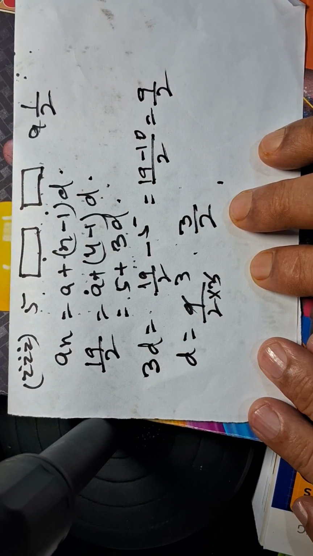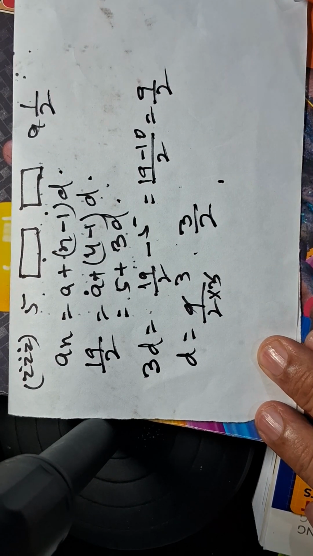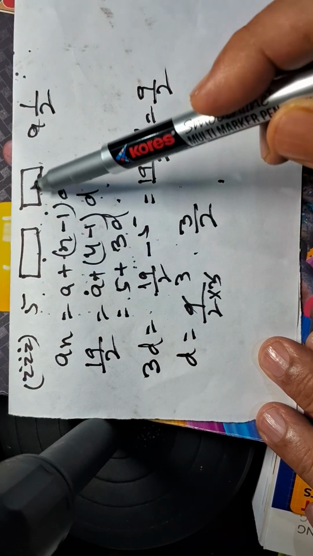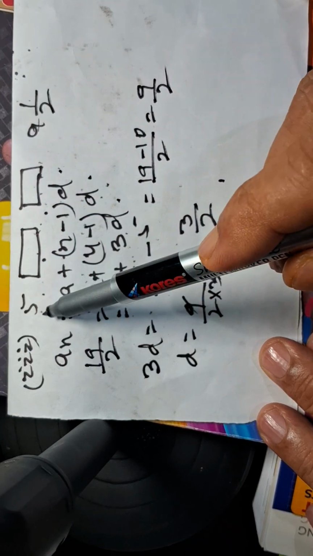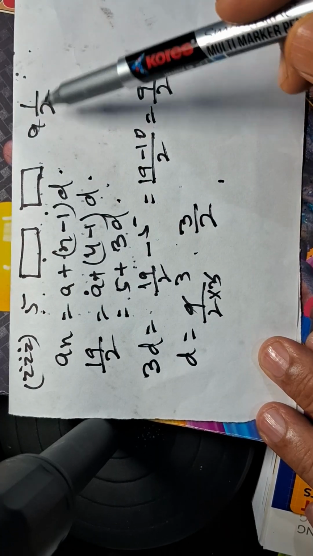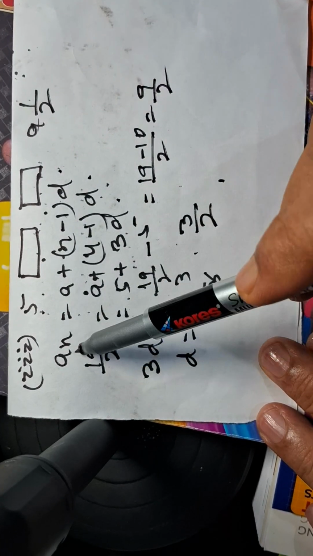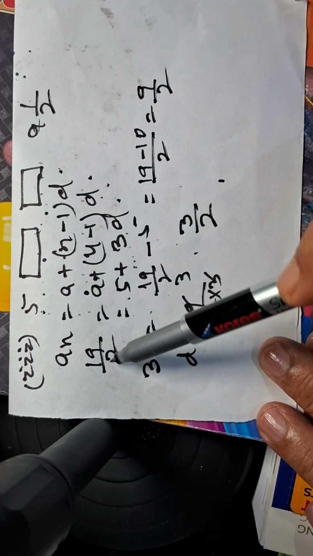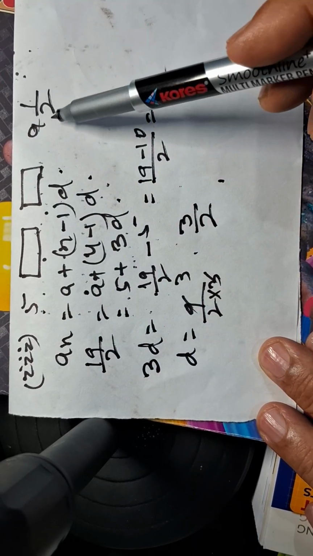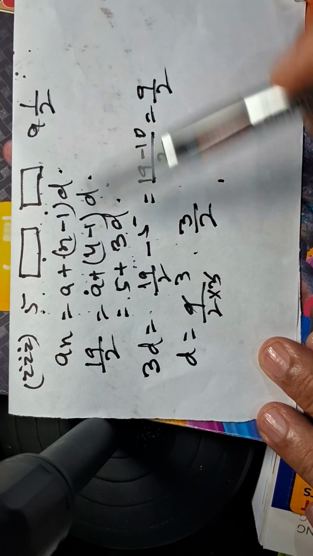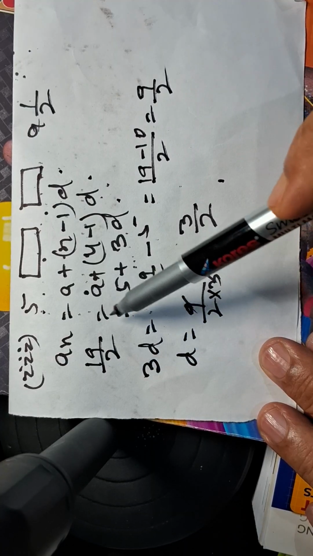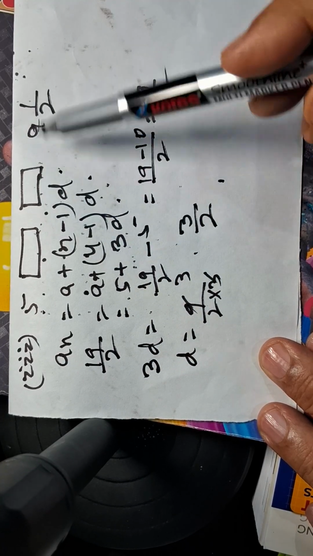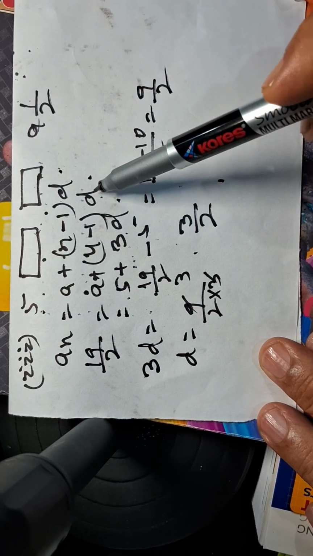Now the third question is: 5, blocks, 2 terms are missing. First term is given and fourth term is given. We know that an is equal to a plus (n minus 1) into d. an is equal to the given 9 whole 1 by 2, which is 19 by 2, is equal to a plus (4 minus 1) into d.